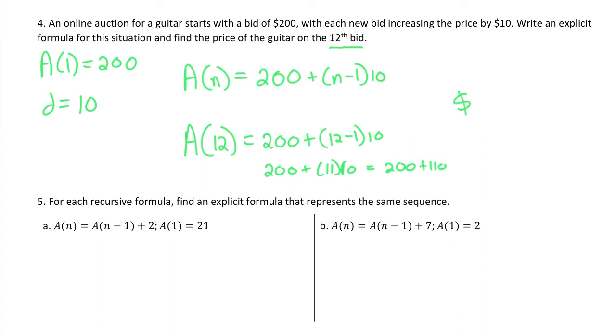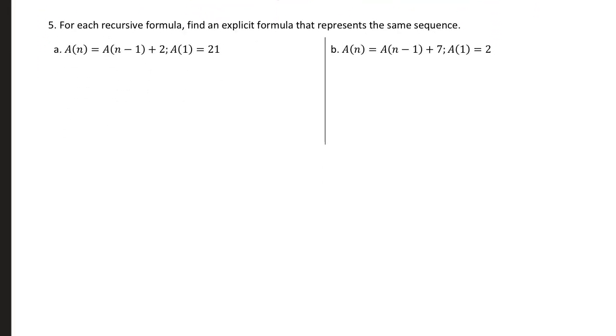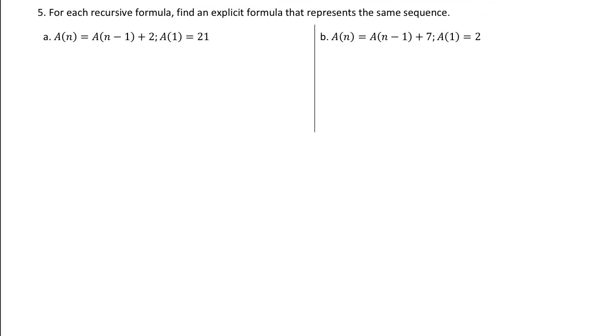So the price of the guitar on the 12th bid is $310. So that was writing a rule, and substituting into the rule to find a specific term.